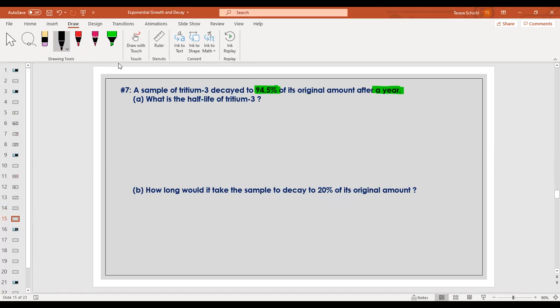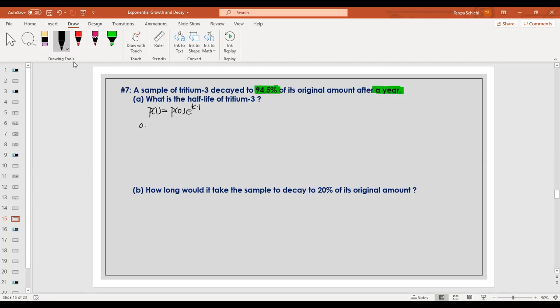Okay, so let's take a look. 94.5%, that means my P(1) after 1 year. So this is P0 e to the k t, and t is 1, right? Now it's decayed to 94.5% of its original.